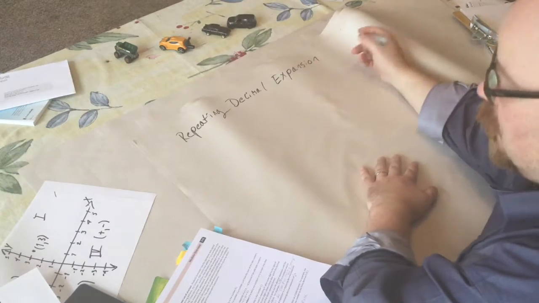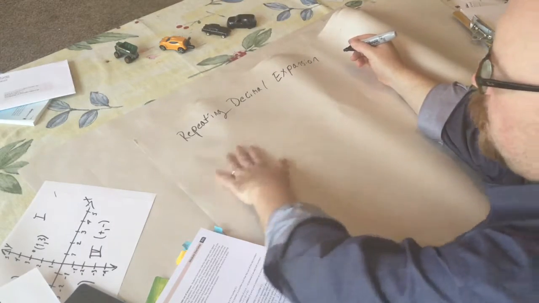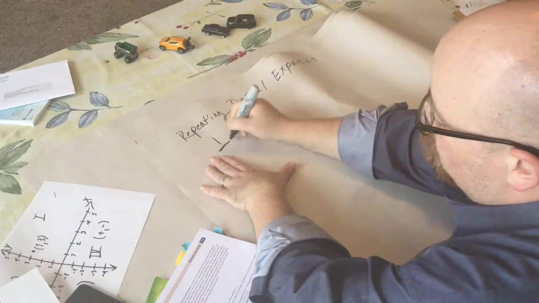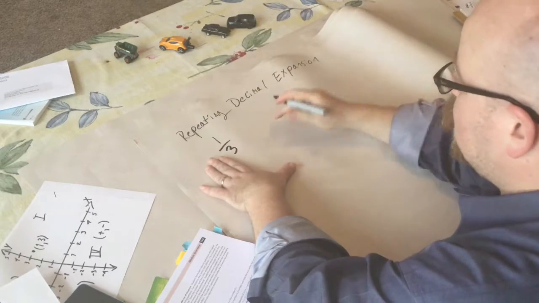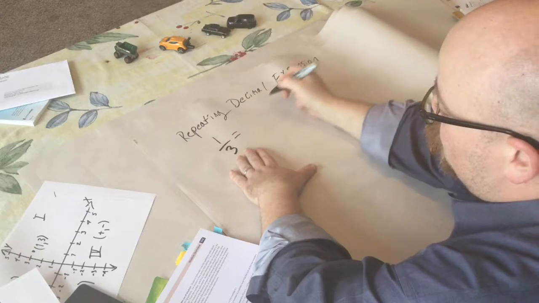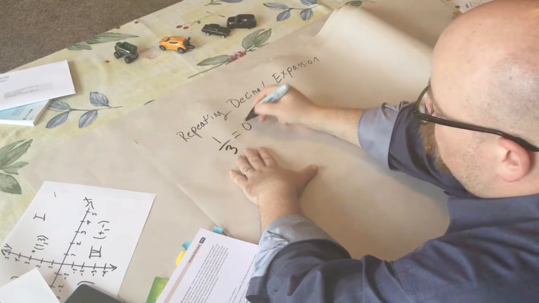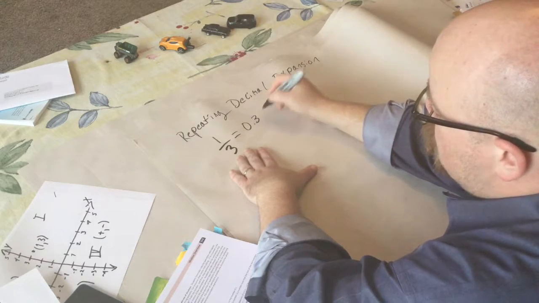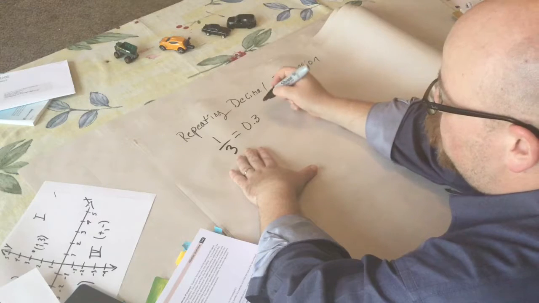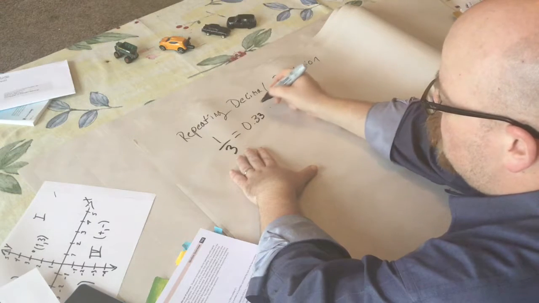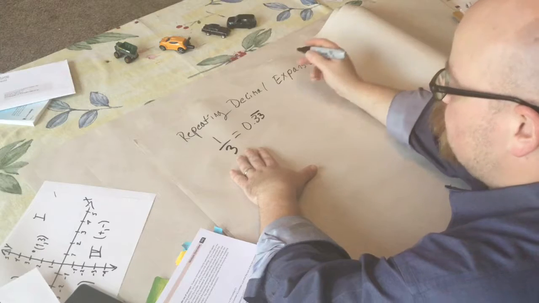All right, so I'm going to talk about one fraction, 1/3, which can be written as a decimal, which is 0.3, and then frequently what you'll see is 3 repeating.